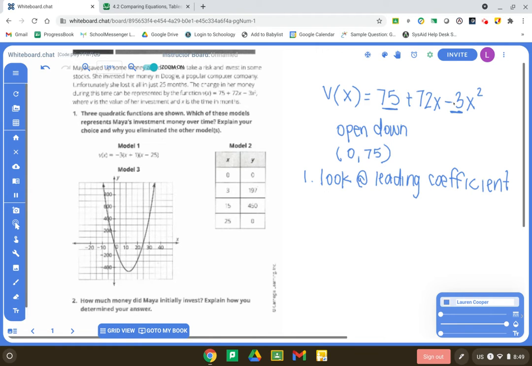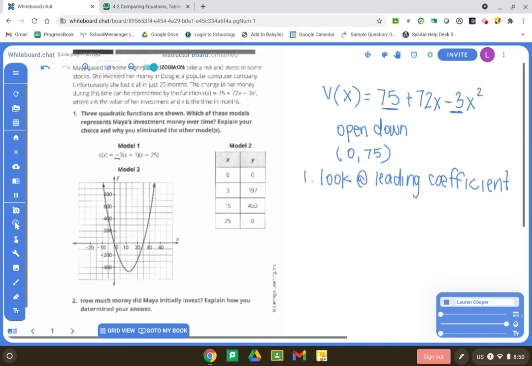Remember, it's the one that always has the number attached to the biggest exponent. So if you look at model 1 over here on the left, its leading coefficient is also -3. So that could potentially be the winner, but we're not 100% sure. We don't know our leading coefficients for the other two.